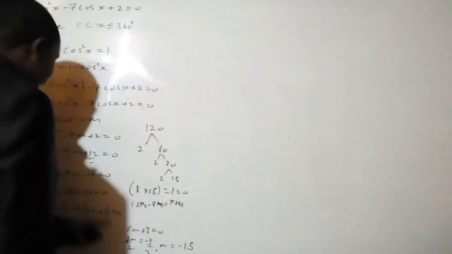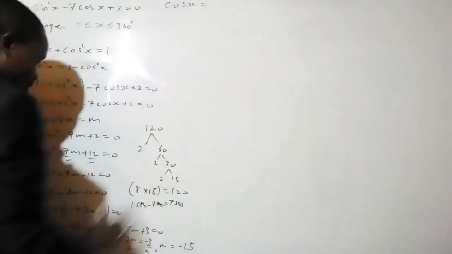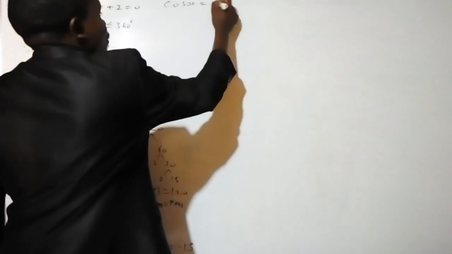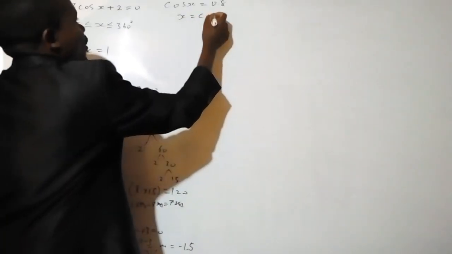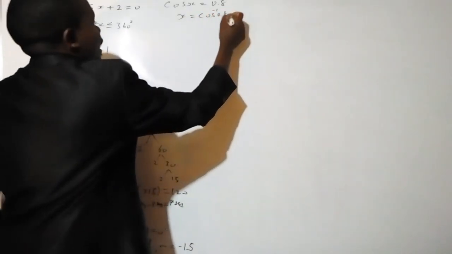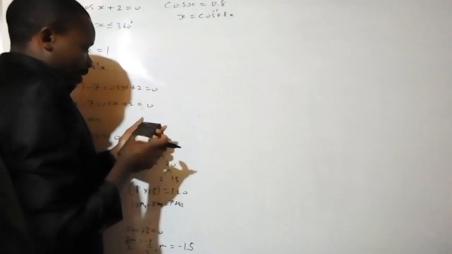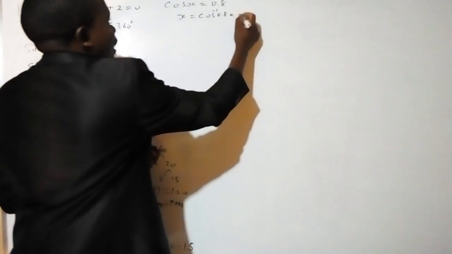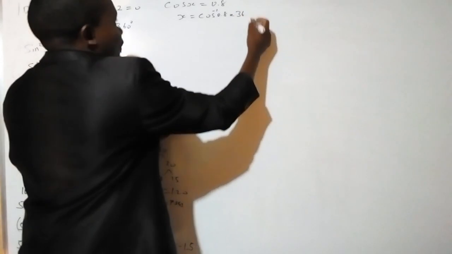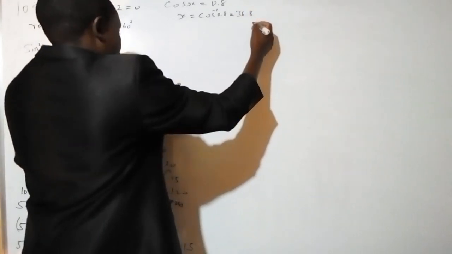But we had said let cos x be m, and our first is 0.8. It means x will be anti-cos of 0.8, which is supposed to be 36.87 degrees.